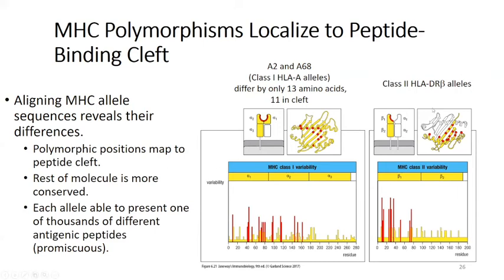Same thing with class 2 molecules. So those polymorphisms, those slides reflect this. I don't have a slide to show you this, but those determine what peptides will be presented by your MHC. So each allele can present thousands of different peptides. They only have to have like one or two anchor residues, so the rest of the peptide can vary.